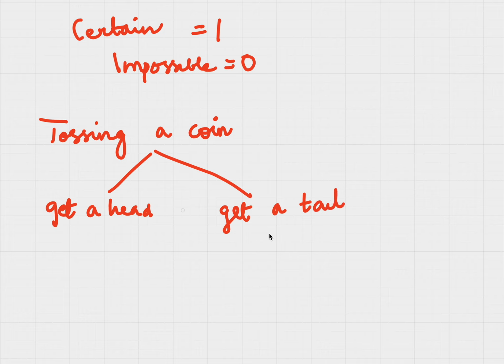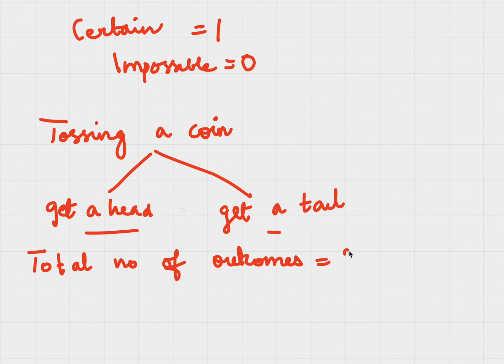These are the two different chances we have. So the total number of outcomes is 2.